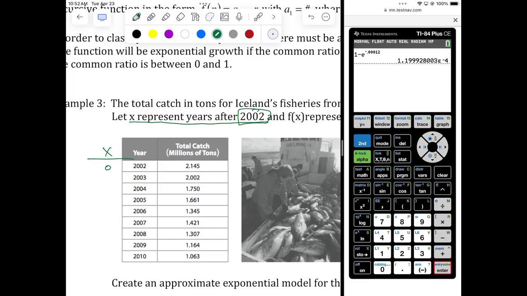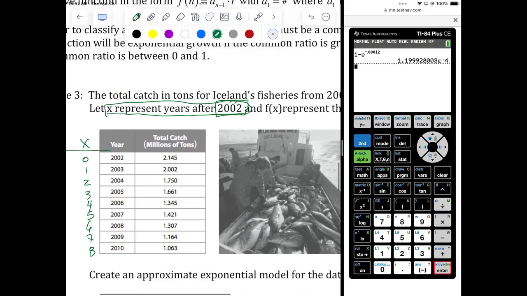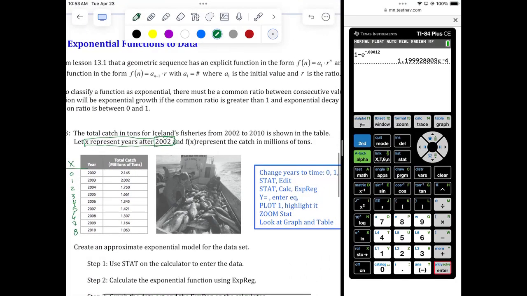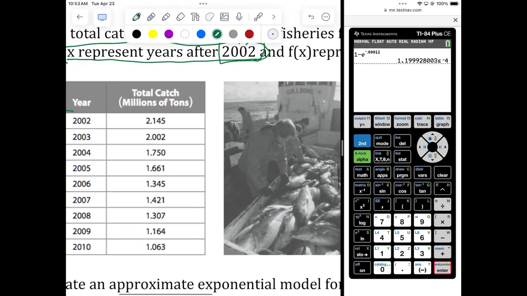How many years after 2002 is 2002? 0 years. So we're going to renumber everything 0, 1, 2, 3, 4, 5, 6, 7, 8, and so forth, because it represents the years after 2002. So that year 2002 becomes our basis. F of X represents the catch in millions of tons. So 2.145 millions of tons all the way down to 1.063.